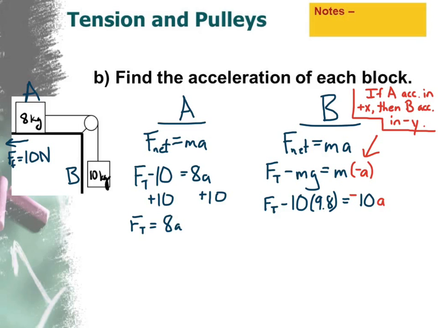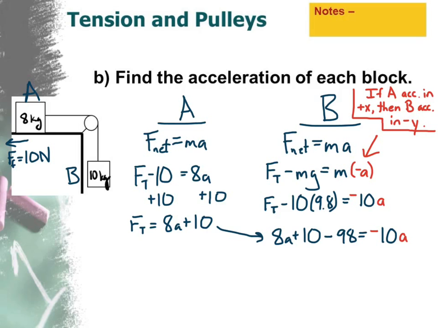That gives me F of T equals 8a plus 10. So that's the expression that I'm going to plug in for F of T over here. So let's do that. So I have 8a plus 10 minus 98, because that's negative 10 times 9.8, equals negative 10a. Okay.